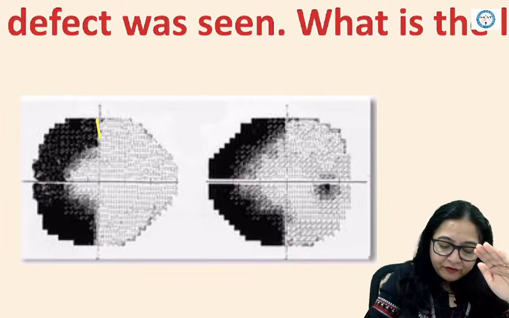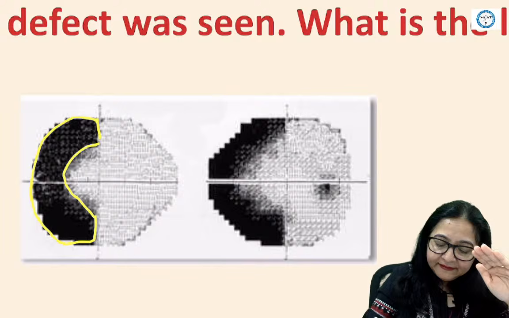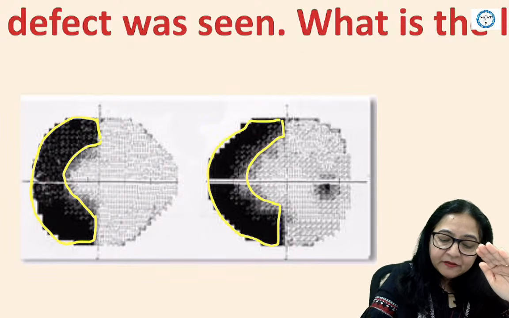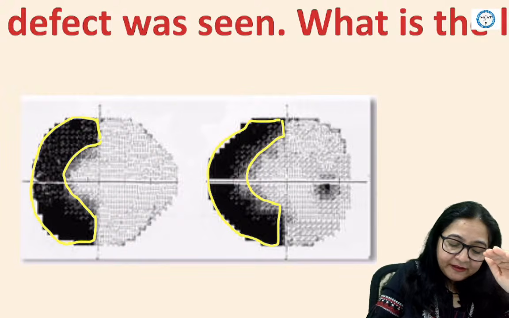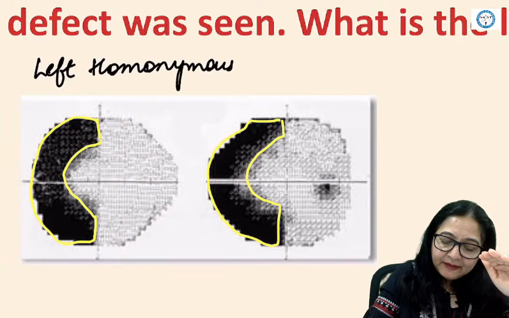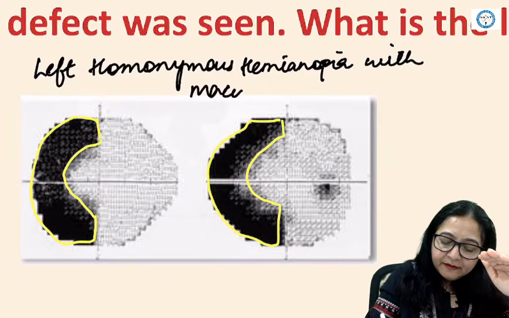But if you notice, the center is spared. Okay. The type of the visual field defect is left homonymous hemianopia, left-sided homonymous hemianopia with central or macular sparing.